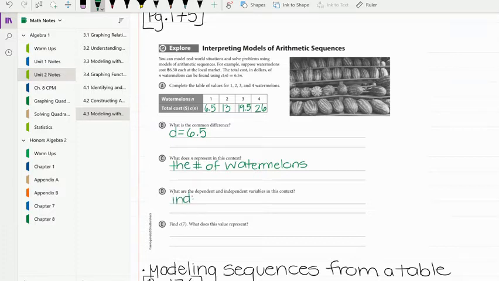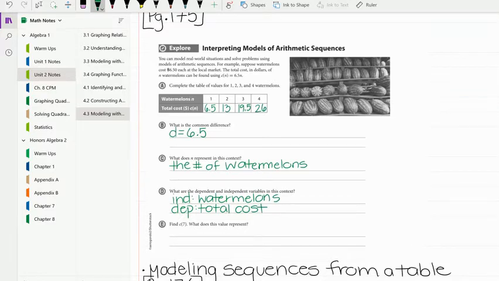So we have independent and dependent. So think about what depends on the other. So the independent would be the watermelons, because that can stand on its own. The dependent would be the total cost. So the total cost depends on the number of watermelons.